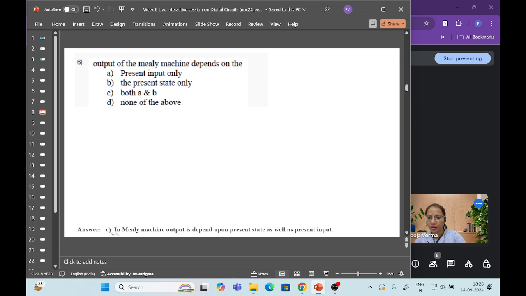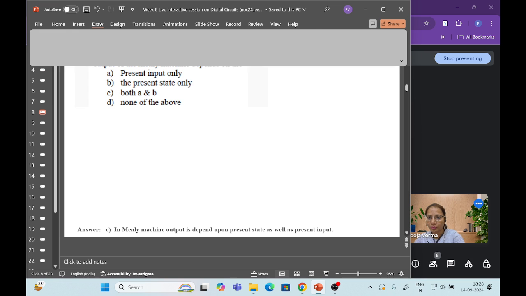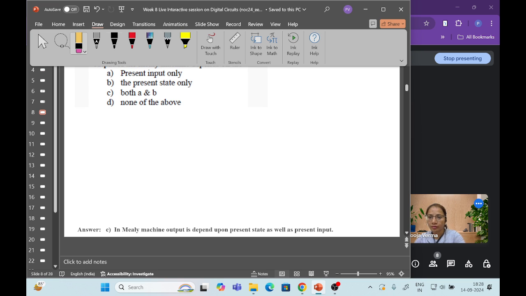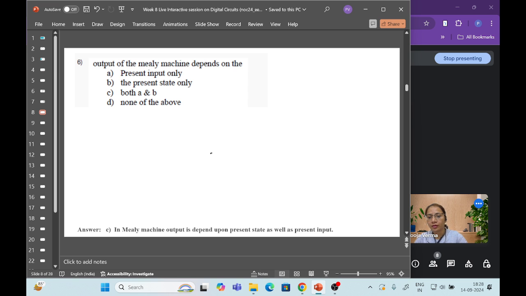Okay. So output of a Mealy machine depends on the present input as well as the present state, both. While in the Moore machine, it depends on the present state. So in a Mealy machine, output depends upon present state as well as present input.